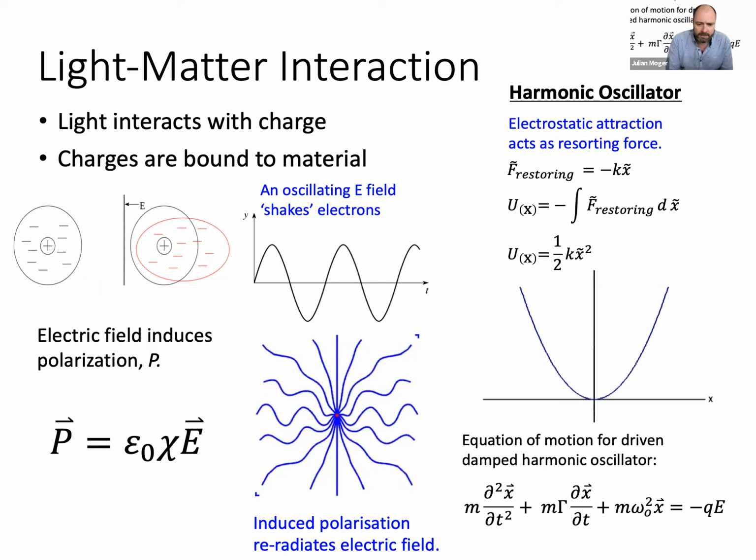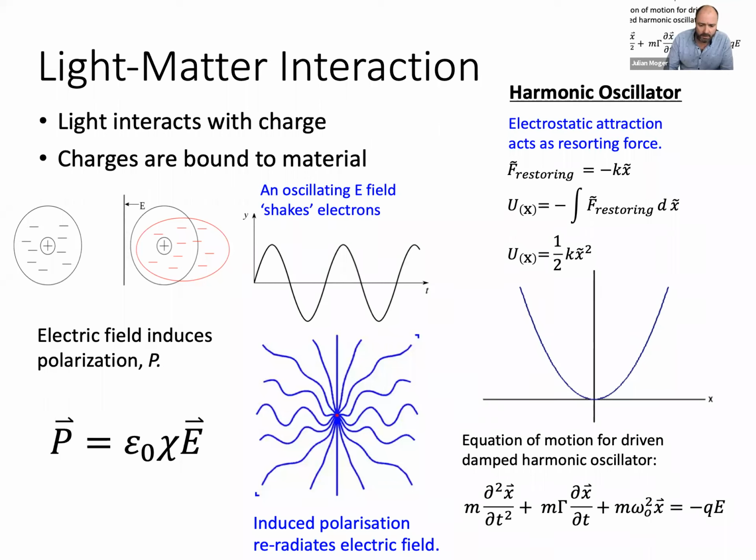When we're thinking about imaging with light, we're not just using a fixed electric field, we're using an oscillating electric field. So the electromagnetic radiation from our light source is a sinusoidal frequency, and effectively we're shaking the electrons backwards and forwards at the optical frequency that we're using to excite the sample. This polarization becomes a time-varying polarization.